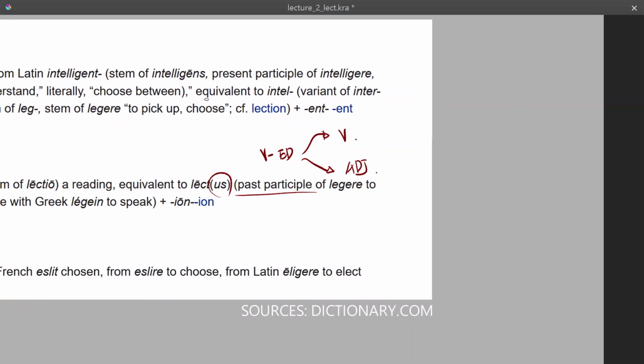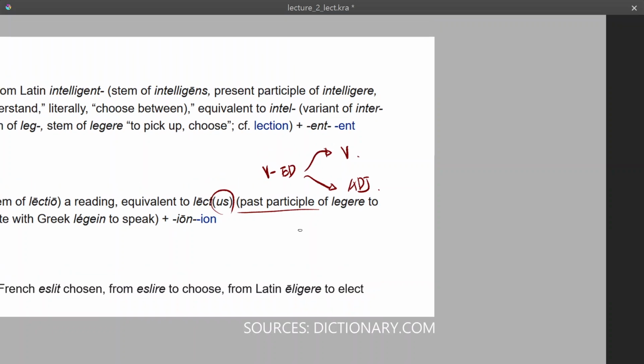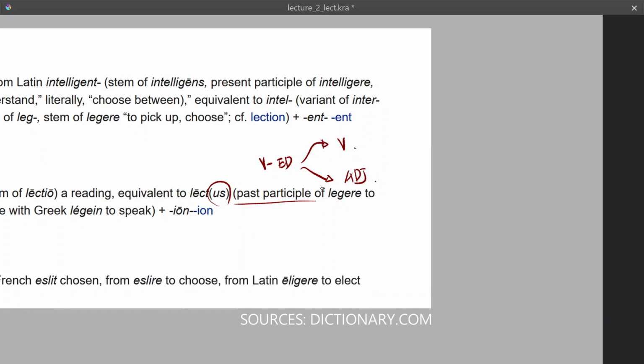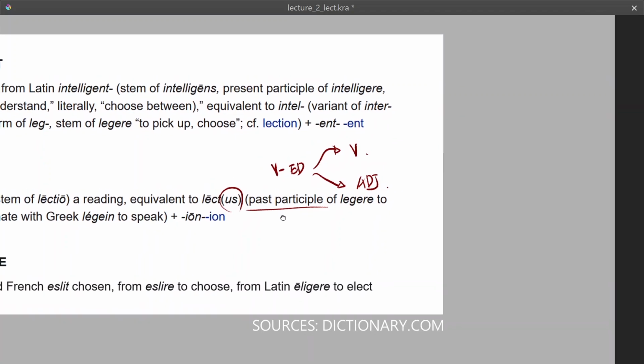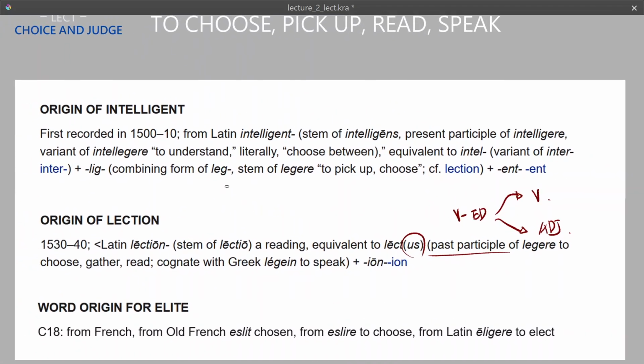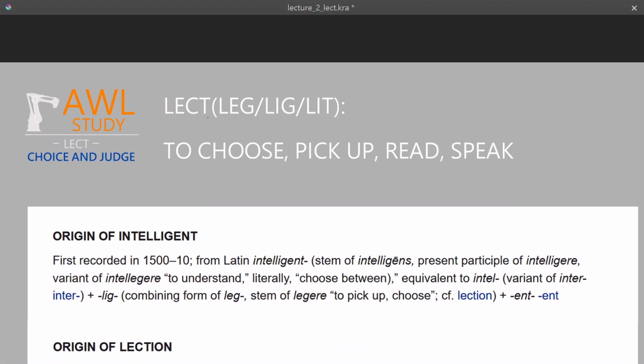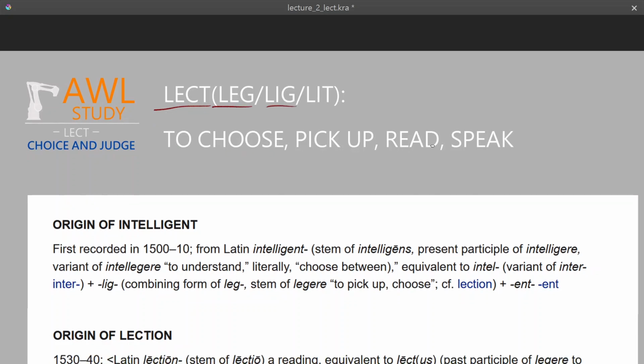So a past participle suffix could be a verb suffix or an adjective suffix. All right, now we have the root leg or lect, meaning to choose, to pick up, to read, or speak.